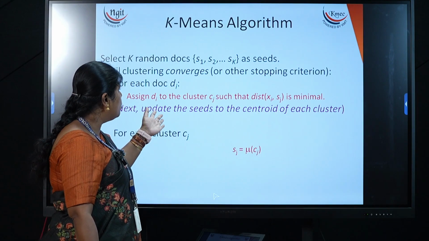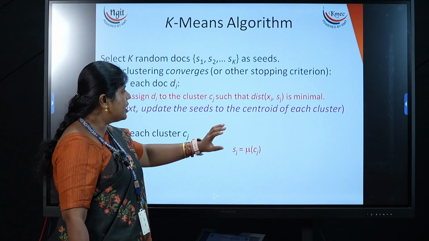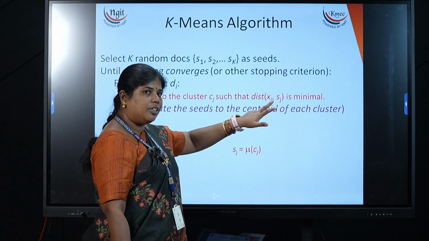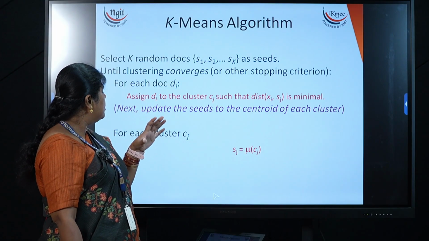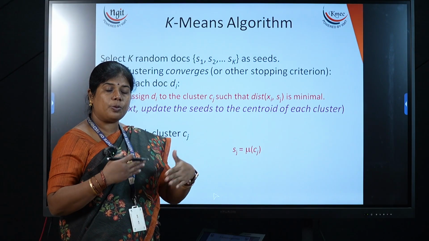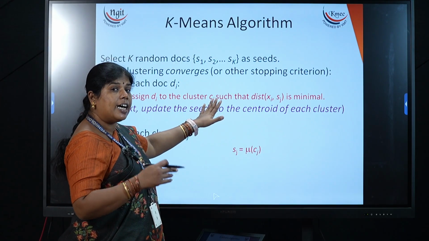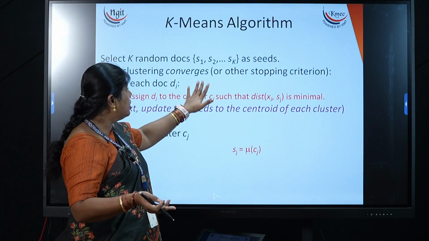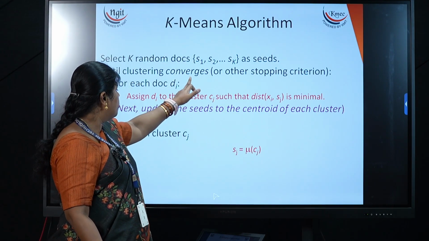When I want to assign a document to a cluster, it will be assigned based on its distance from the seed, that is the centroid, and that should be minimum. The clustering process is repeated until the documents are assigned to the correct clusters. That step is called converging.